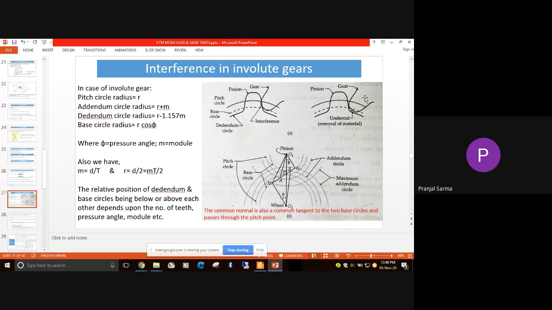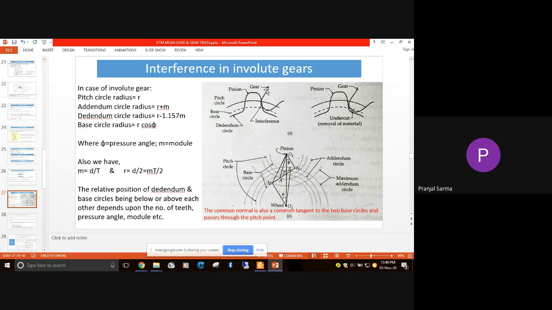The tip of the tooth on the gear will undercut the tooth on the mating pinion at this root portion and remove some part of the involute profile from the tooth of the wheel. This particular phenomenon is known as undercutting or the interference problem. And this is a problem.